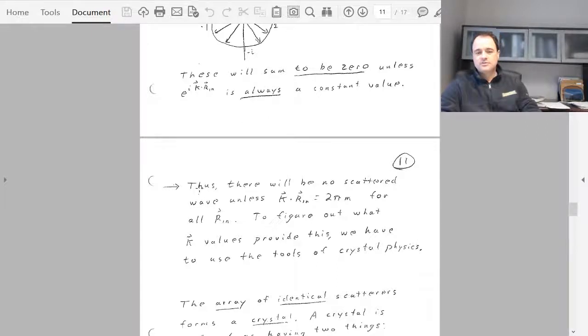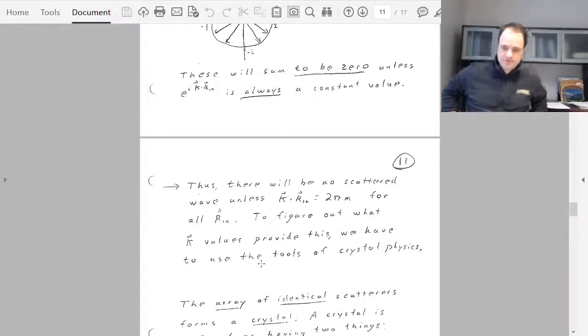Okay? And so thus, this is important, there will be no scattered waves unless we have k dot r1n equal to 2 pi m, an integer, for all r sub 1n's. To figure out what k values provide this, we have to look a bit at crystal physics, solid state physics.